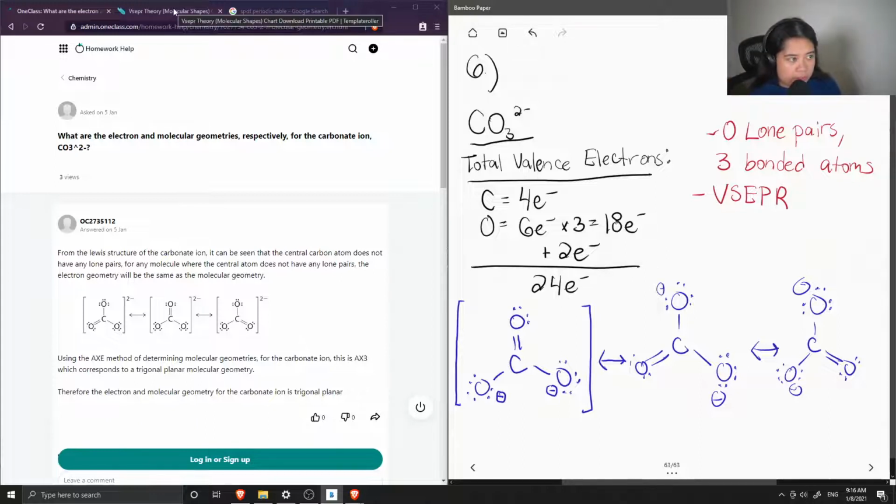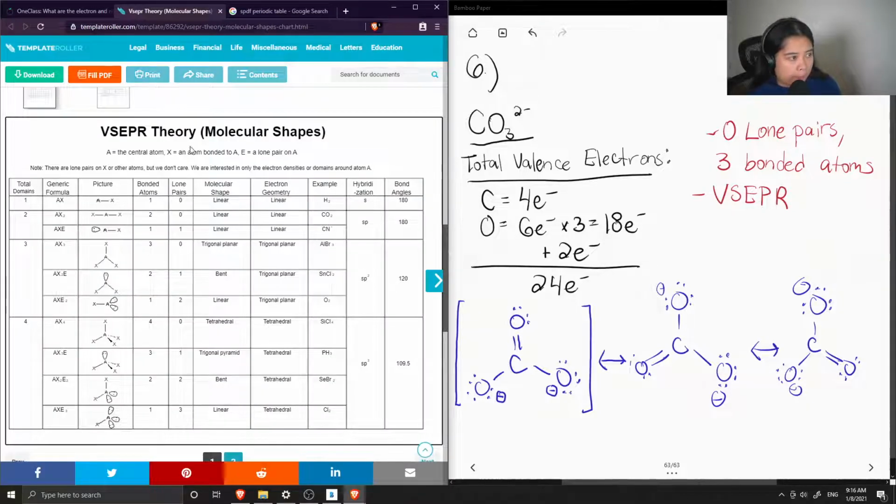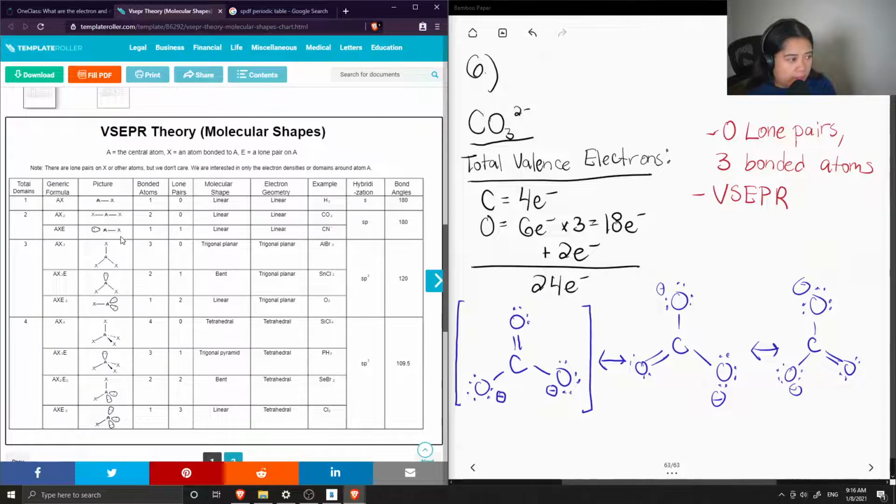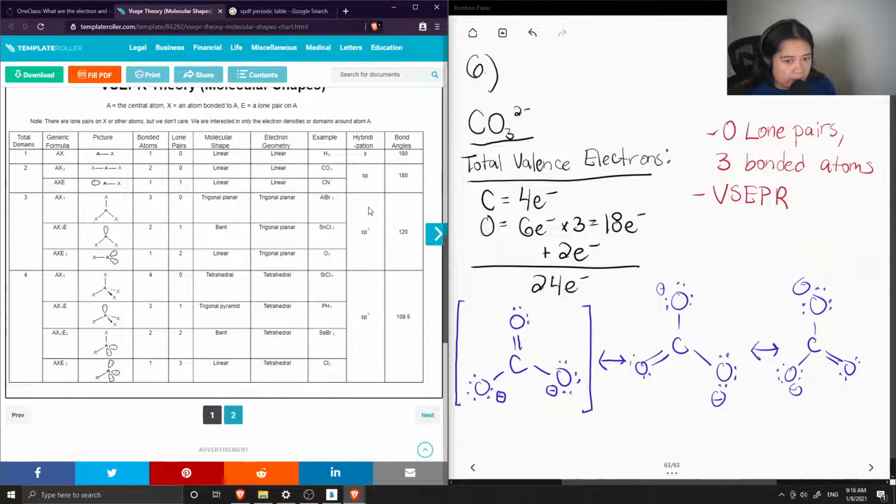try to find out the type of geometry this ion has. So this is a VSEPR table, and it's really helpful because when you match up the type of molecular shape you have, it'll tell you the type of hybridization and the different bond angles that you would find in your molecule. So in our case, we have 3 bonded atoms and 0 lone pairs.